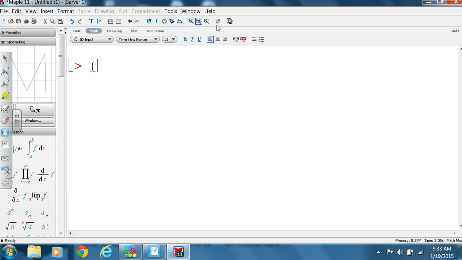Oh, that's right. 2 times x plus 5, close parentheses raised to the 2 times parentheses x squared plus 3x, that wasn't an x, I know it, 3x minus 1.